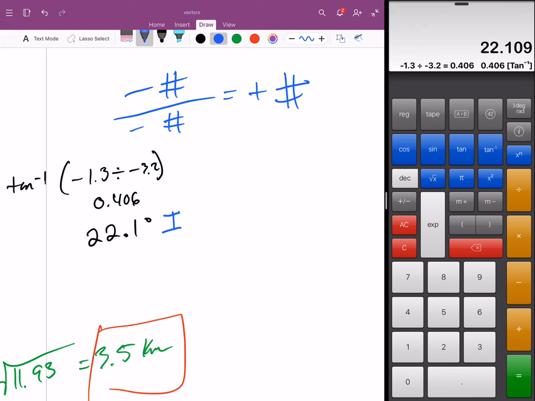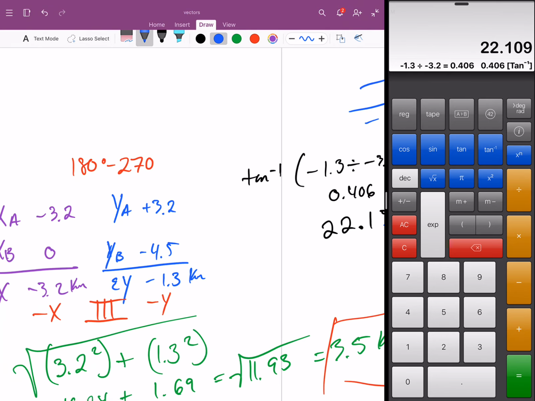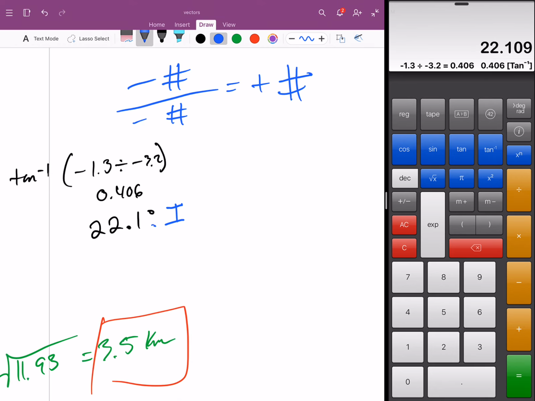Now the problem is, if this is true, why is it that my x and y sigmas are in quadrant 3? Now, considering the fact this is a positive 22.1, there's a little more to it.